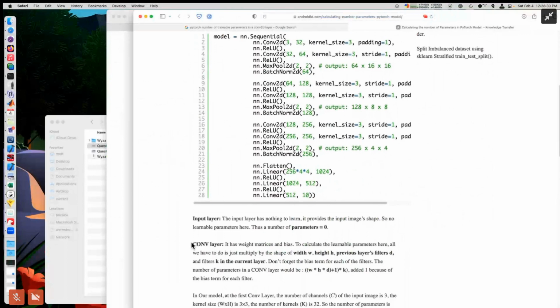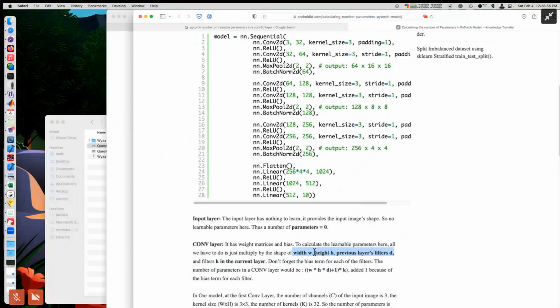For the convolutional layers, to get the learnable parameters, they multiply width by height by the previous layer's filters, and then by the number of filters in the current layer.